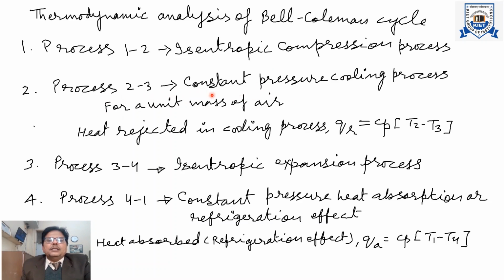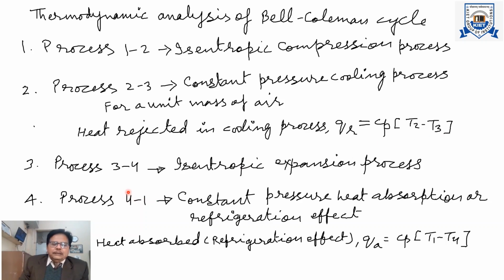So process 2-3 is a constant pressure cooling process. If we analyze a unit mass of air, say 1 kilogram, then we can calculate the amount of heat rejected in the cooling process. If QR is the heat rejected per kilogram of air, then it will be Cp (T2 minus T3), where Cp is the specific heat at constant pressure.